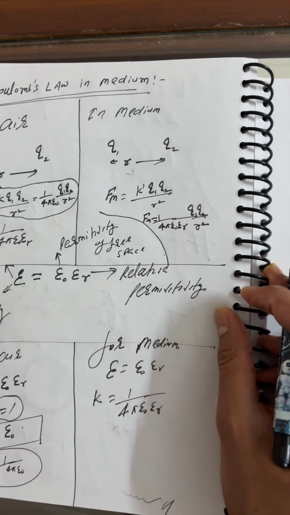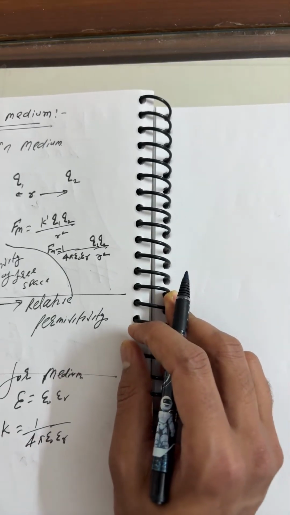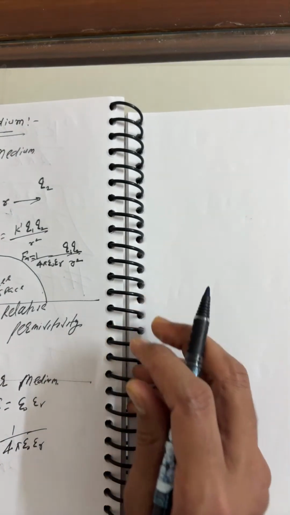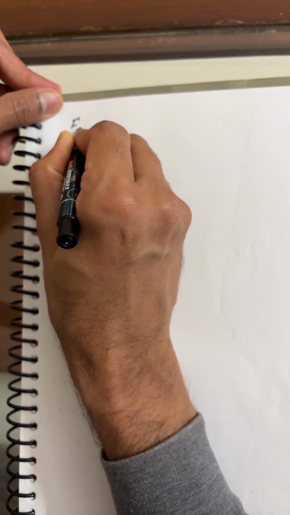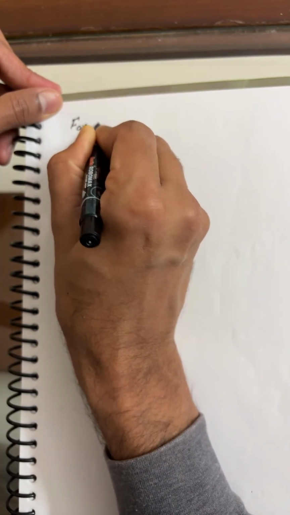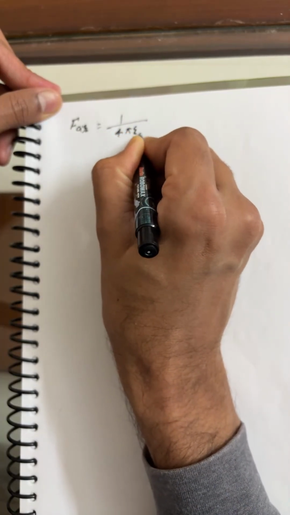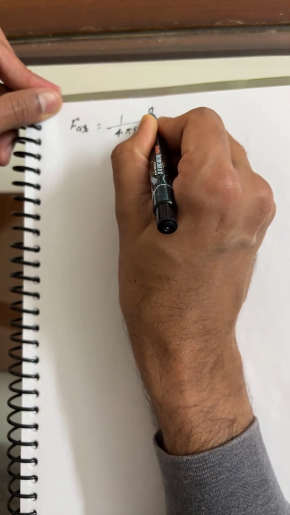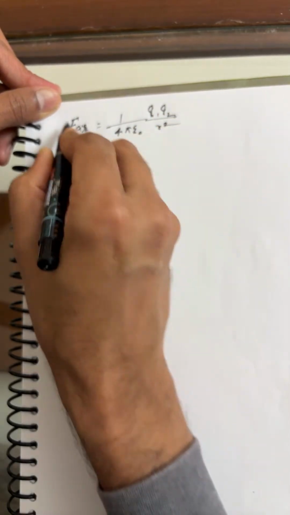Again here I wanted to write. Just take the ratio, beta. So again I'm writing the force in air: this is 1 by 4 pi epsilon naught Q1 Q2 by R square.